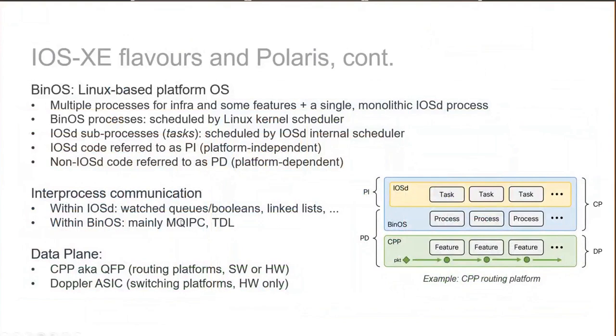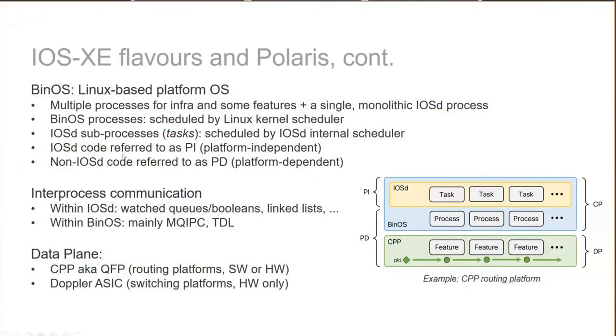So this is again the BinOS. It was Linux-based platform. So it had multiple processes, but it had a monolithic IOSD process. The main thing here is we have two different things. One is PI and PD. PI is platform independent, and PD non-IOSD code is referred to as platform dependent.